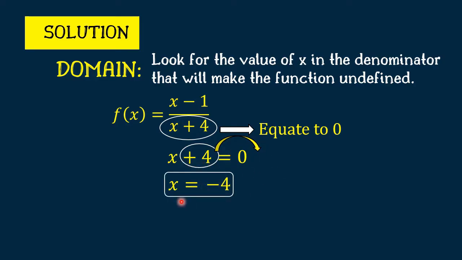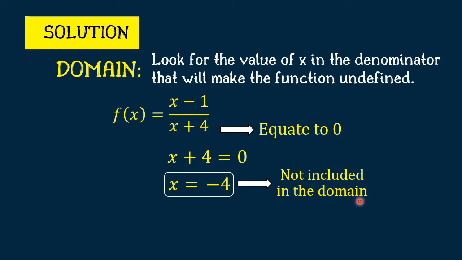Therefore, the value of x is negative 4, and if we will substitute negative 4 in x, here in our denominator, negative 4 plus 4 is equal to 0. Therefore, negative 4 is not included in the domain since it will make the denominator equal to 0, and definitely it will be undefined. Remember, if the denominator is 0, it is undefined and it is not included in the solution.